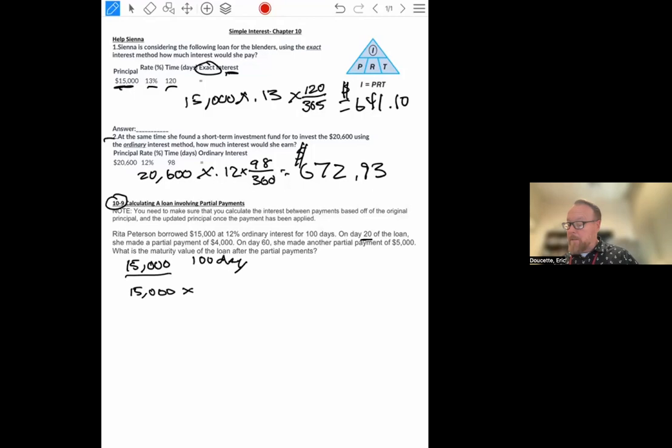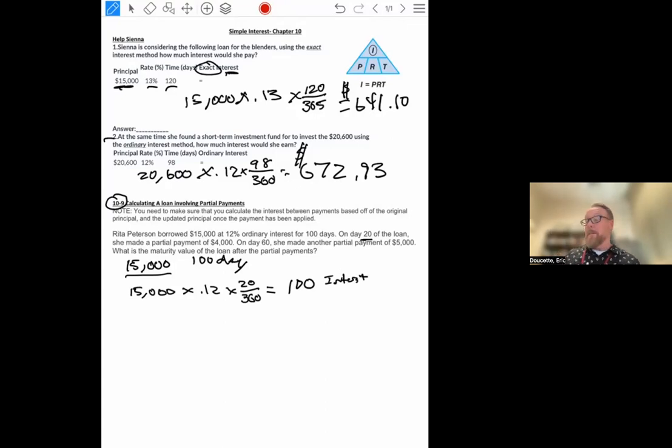So $15,000 times 12% times 20 over 360, using the ordinary interest method. We do the math on that, it equals $100. That's how much interest that loan accumulated.